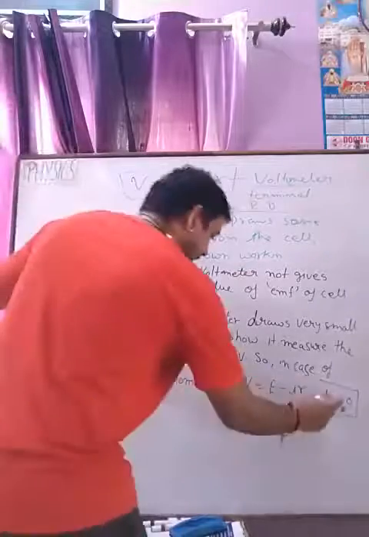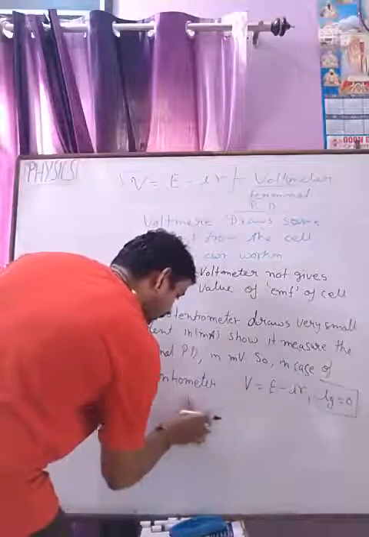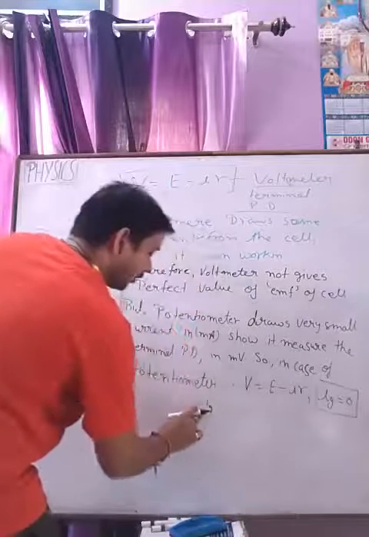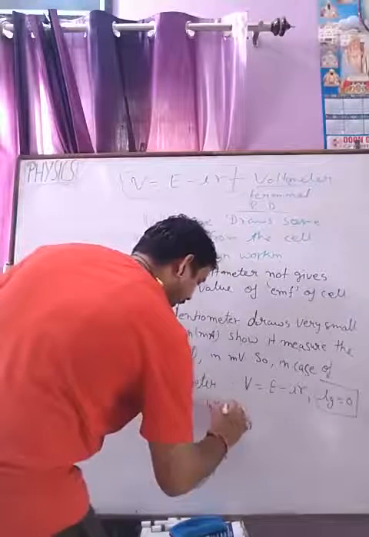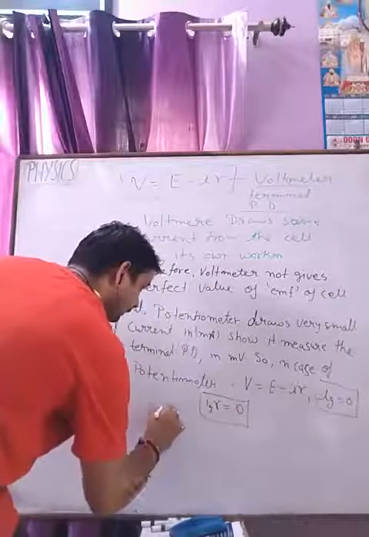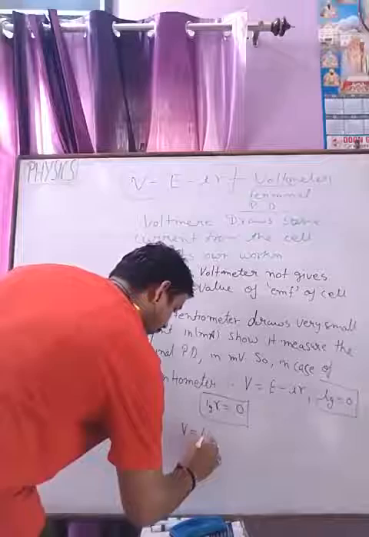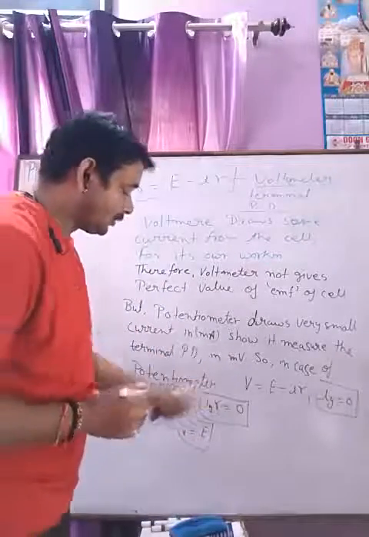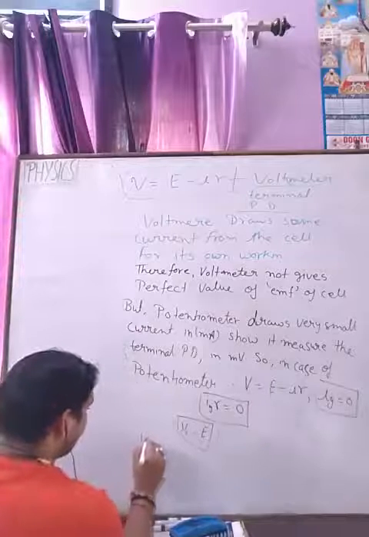That is, I into r is Ig into r, which becomes 0. Therefore V is equal to E.